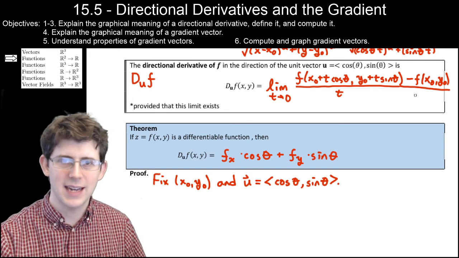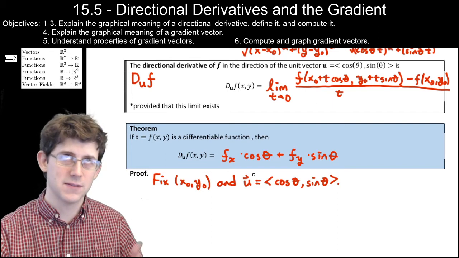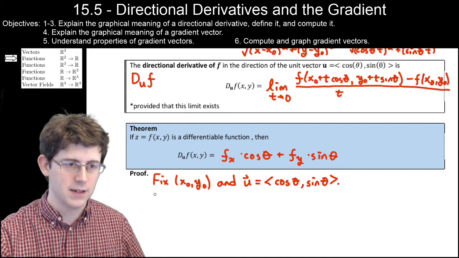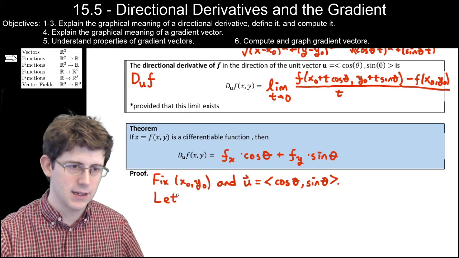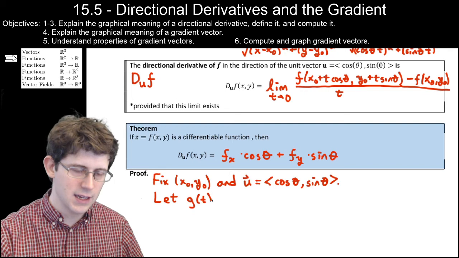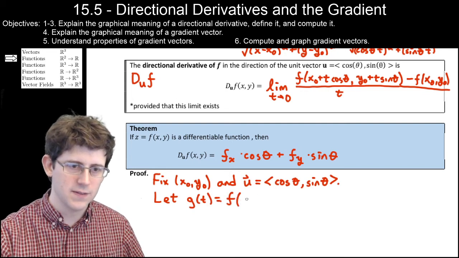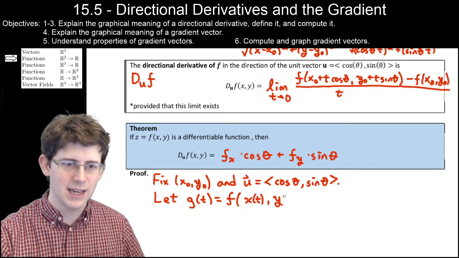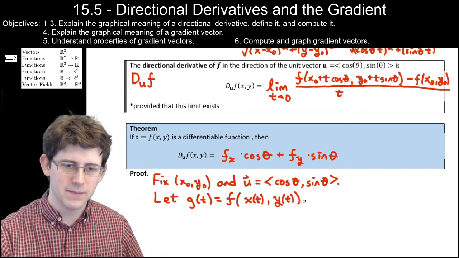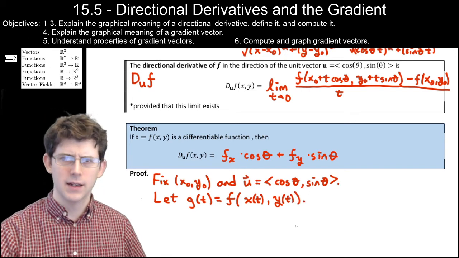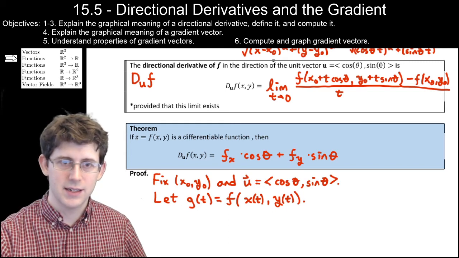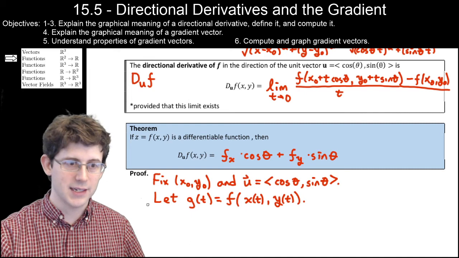Now, there's t's all over the place, so it's kind of a big mess. So let's name this new way of thinking about the function. Let g of t be f of x, y, where we realize finally that x is really being decided by t and y is being decided by t. If this is what g is, then what is our definition here in the white box?